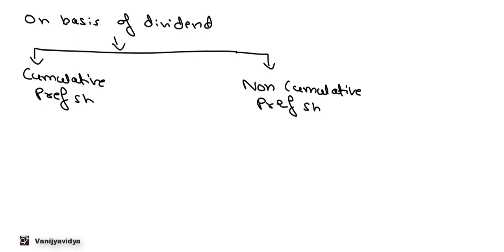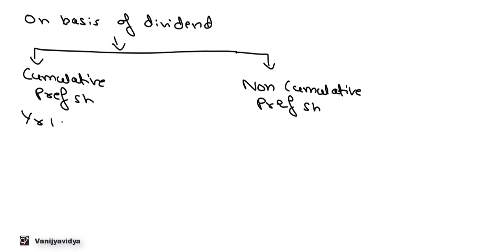Now in cumulative preference shares, if there is insufficient profit in a particular year where the preference share dividend cannot be paid, then in the year whenever there is a sufficient profit, they have to pay a cumulative dividend, that is the outstanding dividend for all the previous years.